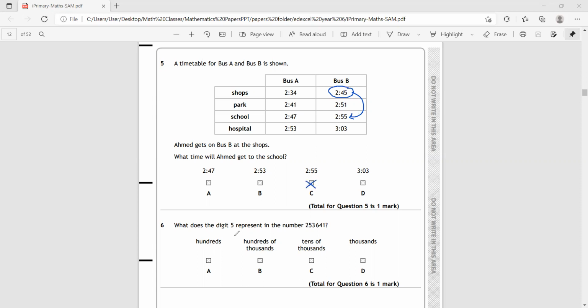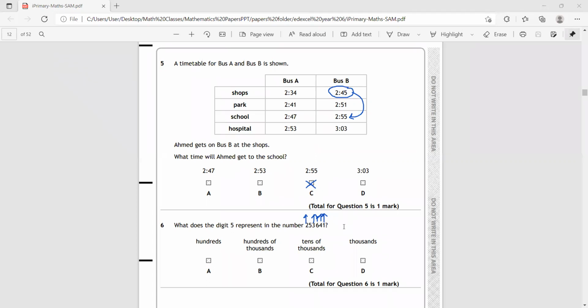What does the digit 5 represent in the number? When we look at place value, we start from the back: units place, tens place, hundreds place, thousands place, and tens of thousands place.